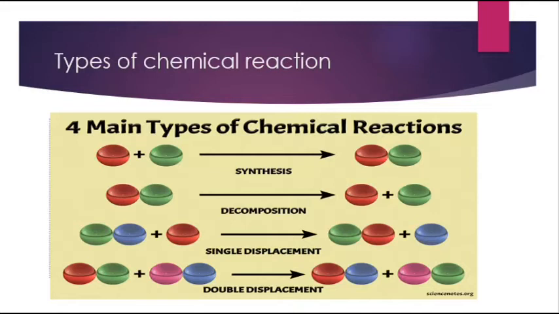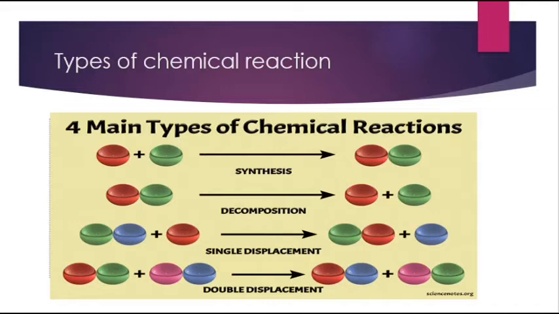And in double replacement, you had a switch of partners. So again, synthesis, getting married, the two of you are combining. Decomposition, they got divorced. Single displacement, one partner cheated. And double replacement, they just switch partners.